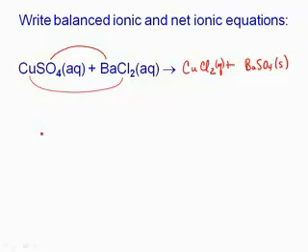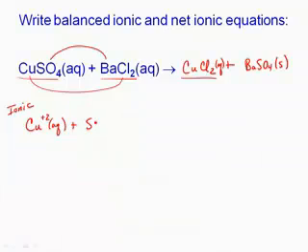I have actually 3 of them: the copper sulfate, the barium chloride, and the copper chloride. So to write my ionic, I have Cu and sulfate, the barium, aqueous, and 2 chlorides.